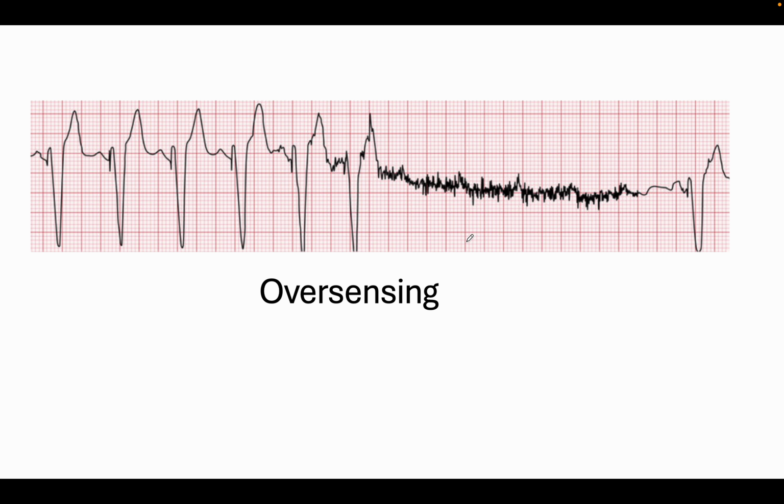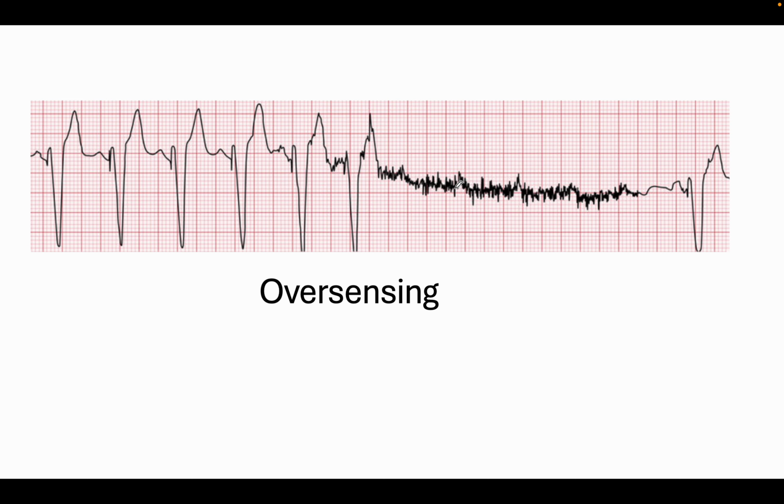So what is oversensing? So as I mentioned earlier, if you set the sensitivity too high, you start to pick up all sorts of extra signals. In this sense, what's happening is that the patient's moving their arms, so this is picking up myopotentials from skeletal muscle, and it's interpreting that as a QRS, as intrinsic conduction.